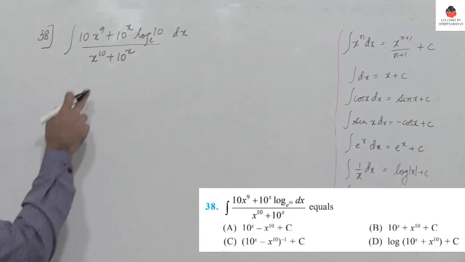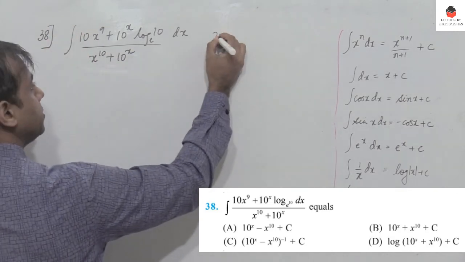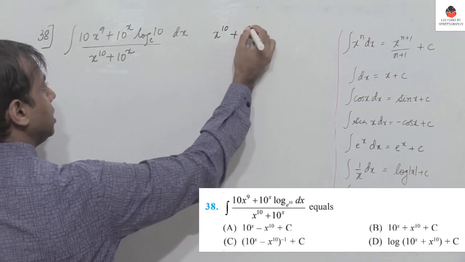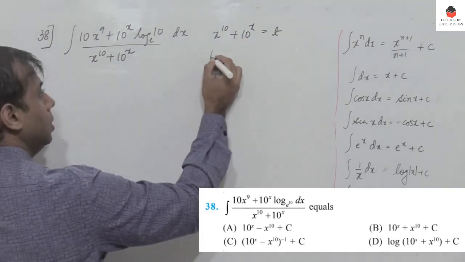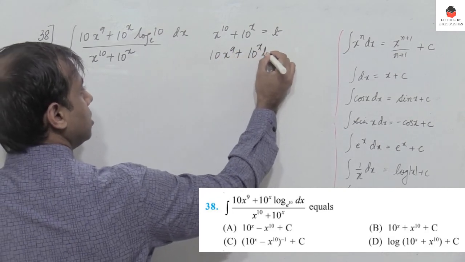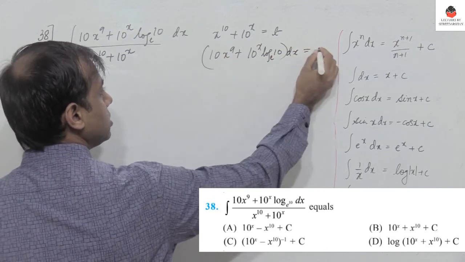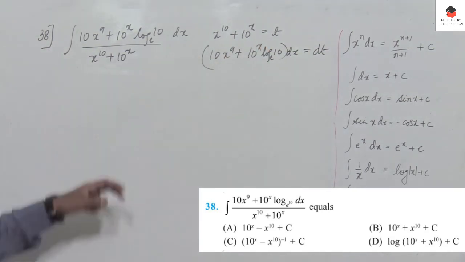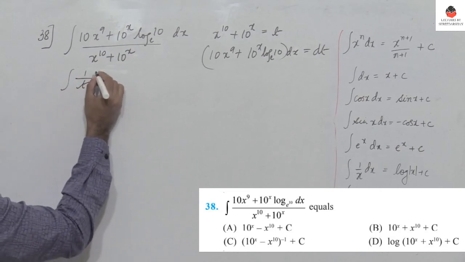So make a substitution. You know that differential of denominator is numerator. So let's substitute x power 10 plus 10 power x equals t. So you have (10 x power 9 plus 10 power x log 10 to base e) dx equals dt, right? So now you have integral 1 by t dt.